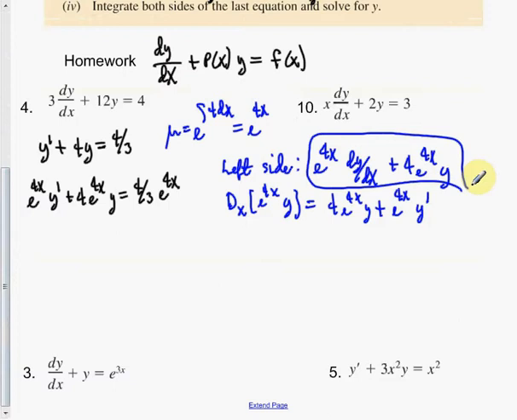So for this left side, all you have to write is this. This is the derivative with respect to x of the integrating factor e to the 4x times the dependent variable y is equal to 4 over 3, which was our f of x, times the integrating factor e to the 4x. So now, that's a 4, not an 8, I'm sorry.